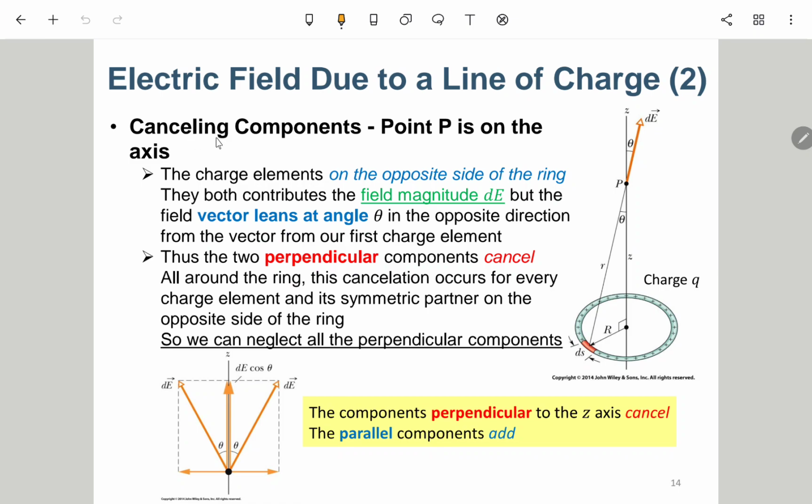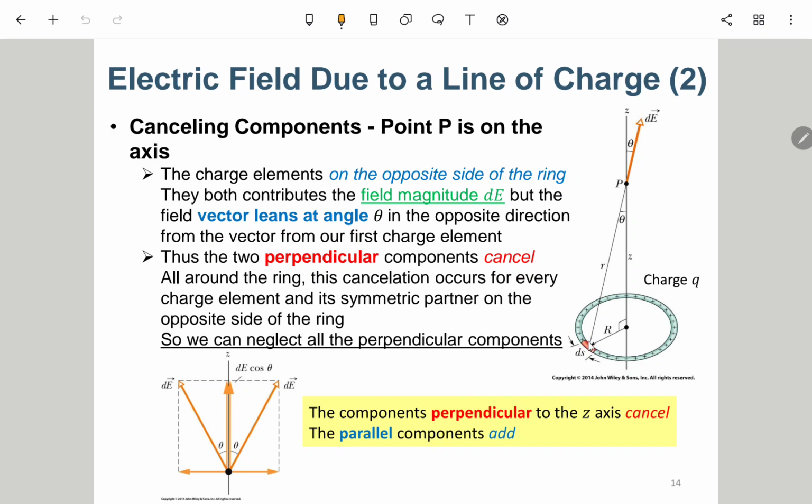and then the second step is to cancel some of the components. Okay, some of the components. So for this one, we can actually cancel one of the components. Let's see.